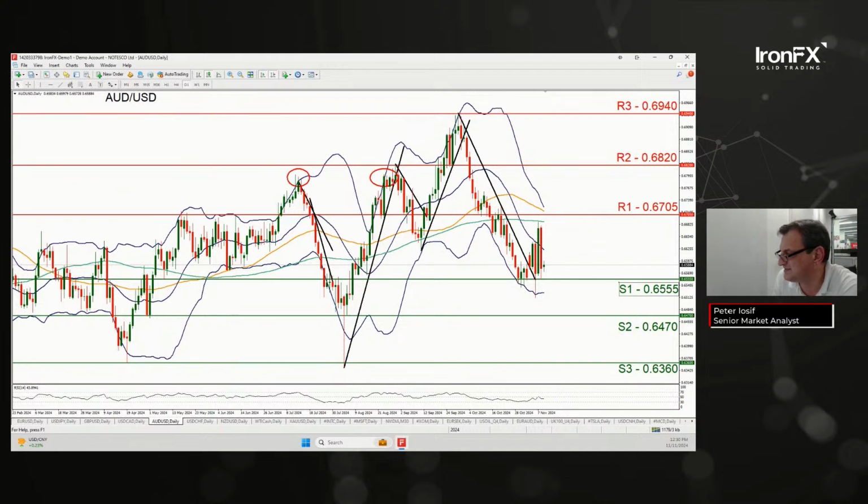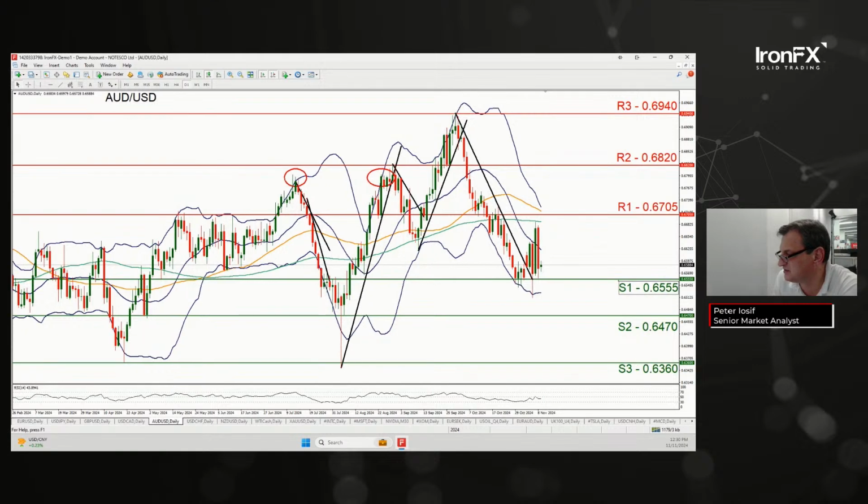So we maintain a sideways motion bias between the S1 0.6555 and the R1 this year 0.6705. Could go a little bit lower with the R1, but I prefer to keep it given the context it had in the past. Anyways, maybe the Aussie was the clearest roller coaster ride among commodity currencies against the US dollar.